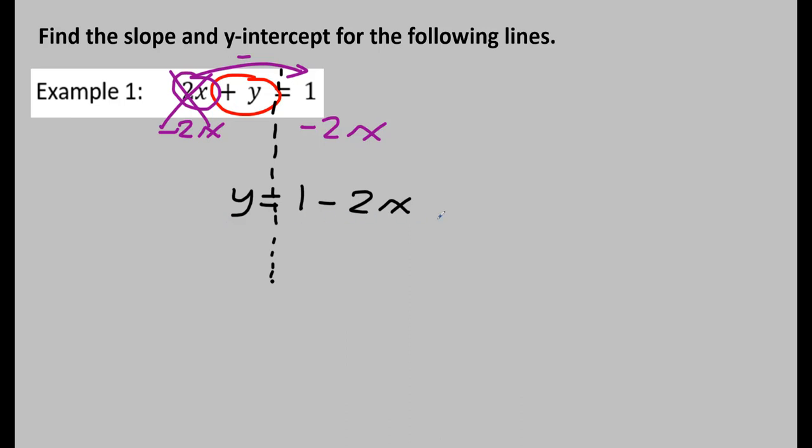So this is starting to look like our y equals mx plus b form. But if you remember, m is always with the x. So I actually want to place this term first. So I'm not inverse operating anything. I'm just going to rewrite it with negative 2x plus 1, because this is still the same thing.